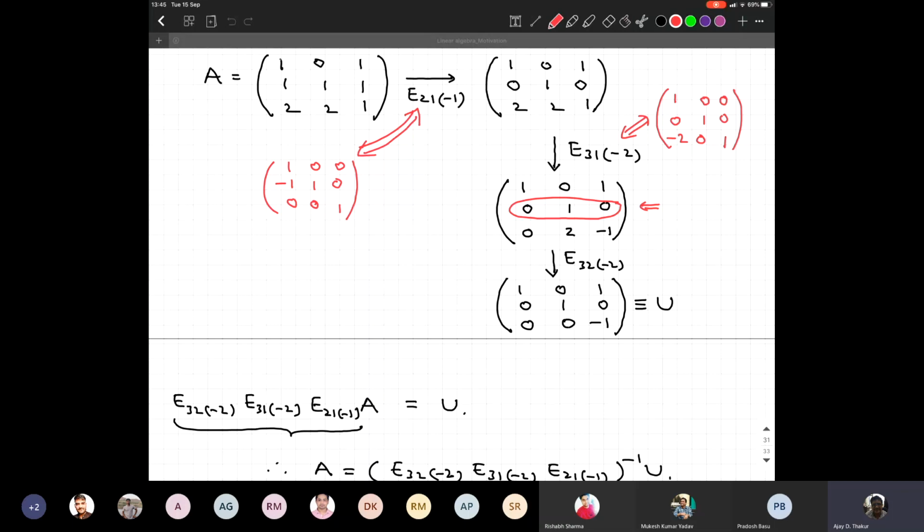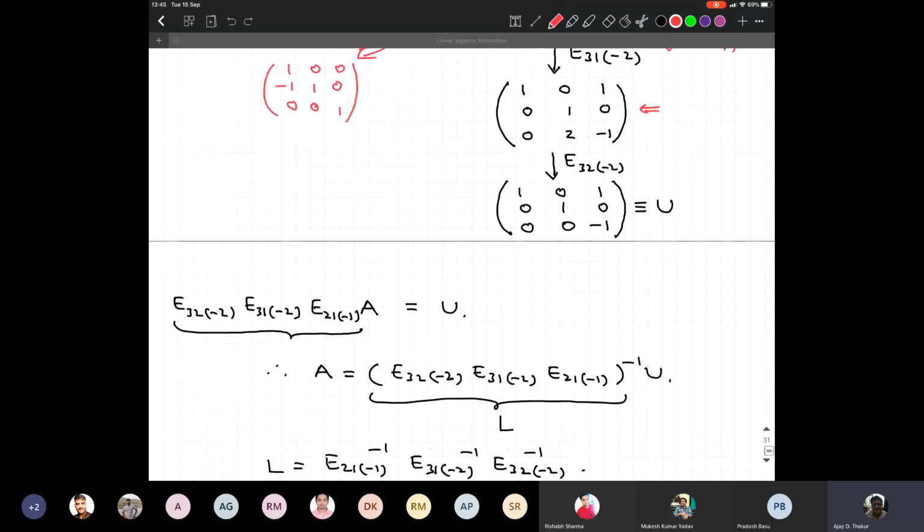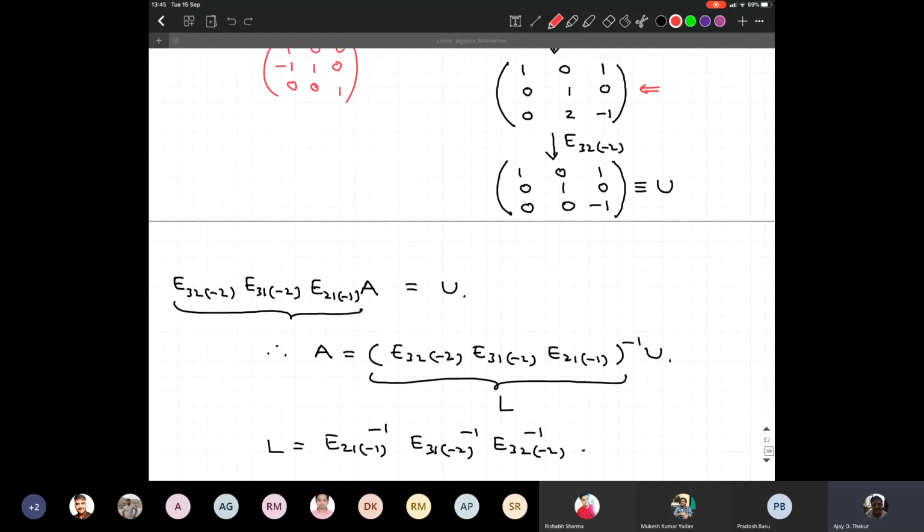So that will essentially make the third row into 0 0 minus 1, and we get our U matrix. So essentially what we have done is we have multiplied A successively by the matrices E21 minus 1, E31 minus 2, and E32 minus 2.